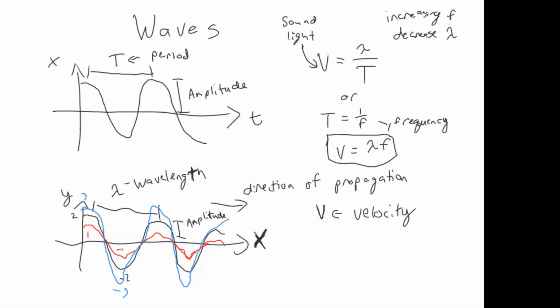So it looks something like that. So if I add the red wave plus the black wave, I get the blue wave. And so when your wavelengths like this match up, or we'll see in a second, if your periods match up, then you get a stronger wave than you had with either of the other two. And this is called constructive interference.